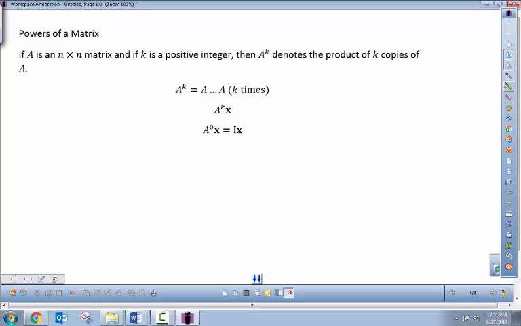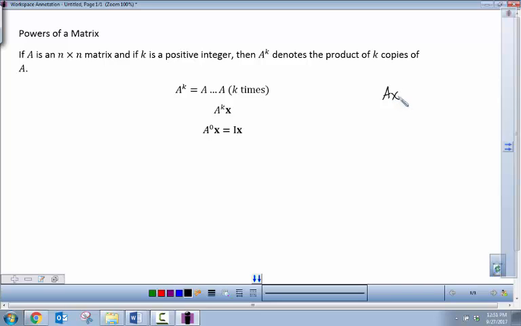So technically, I guess I didn't finish here. I meant to write, when you have a power applied to a matrix applied to the vector x, you can apply the matrix A to that new vector that you get, and then you can apply it again, etc. You can keep applying the matrix to the new vector that you get.